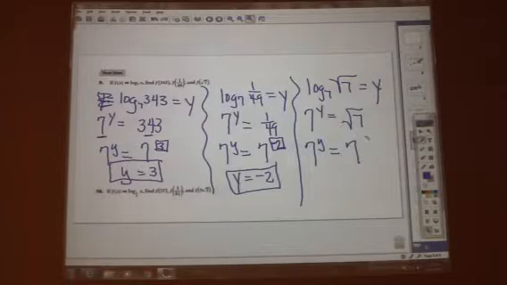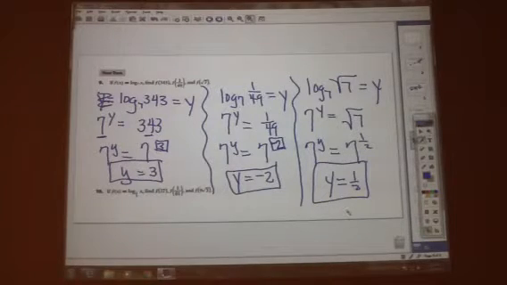What is this? 1/2. Well, that one was easy. Y equals 1/2. Questions? Anybody?